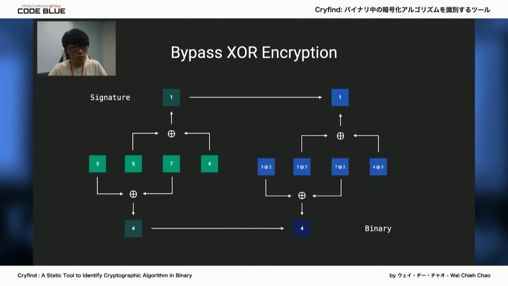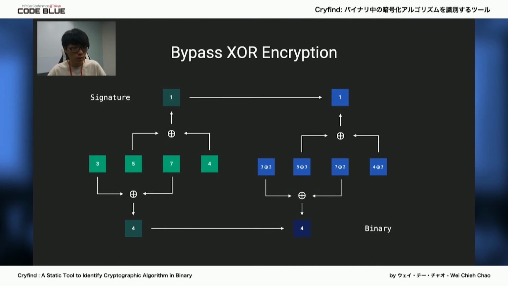Okay, we can easily extend this XORing trick to longer key lengths. In this example, the binary is encrypted with XOR key 2 and 3, which has a key length of 2. And we can calculate the XOR difference array again. But this time, we XOR the bytes which are 2 bytes apart. So 3 and 7 in the signature are XORed, and the result is 4. And also 5 and 4 are XORed, and the result is 1.